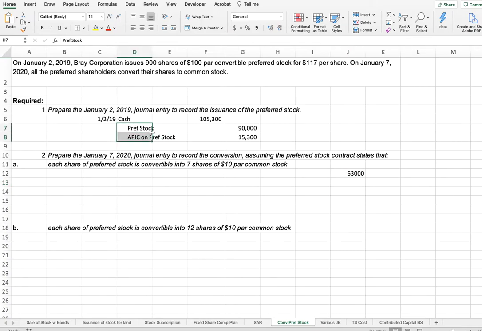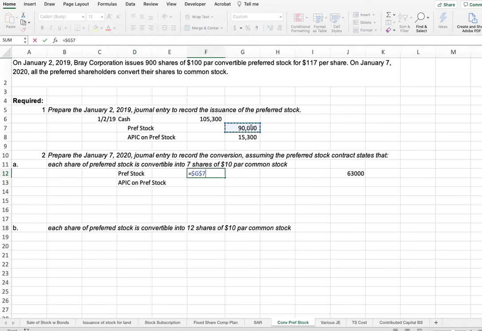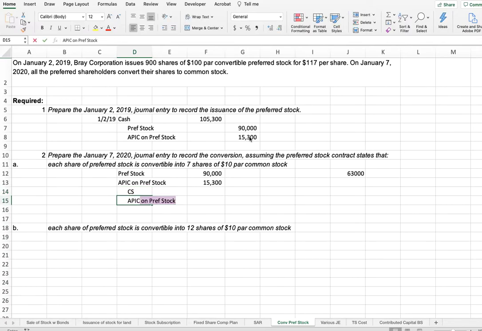So we'll copy down our preferred stock and additional paid in capital that we need to eliminate. And debit both of those accounts, so now they're gone. And then we need to create the common stock and the additional paid in capital on our common stock.